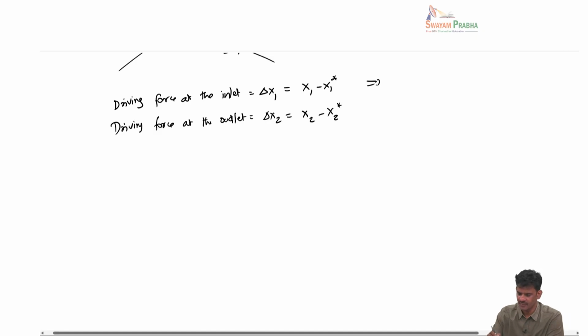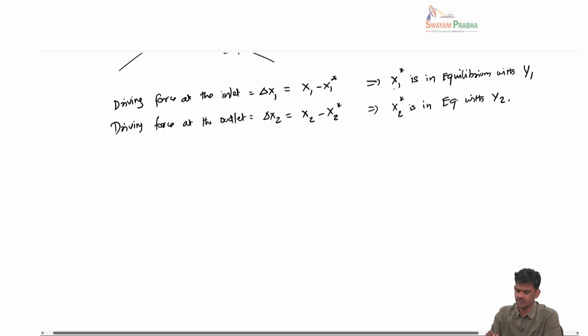So here x1 star is the mole fraction which is in equilibrium with y1, and similarly x2 star is in equilibrium with y2.